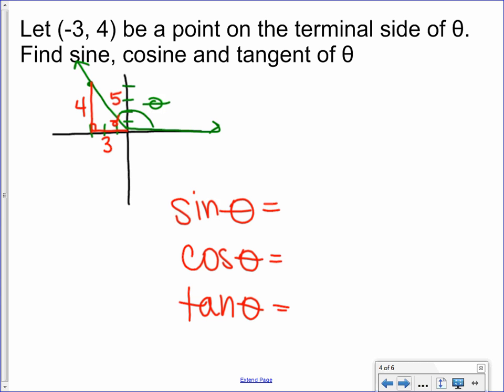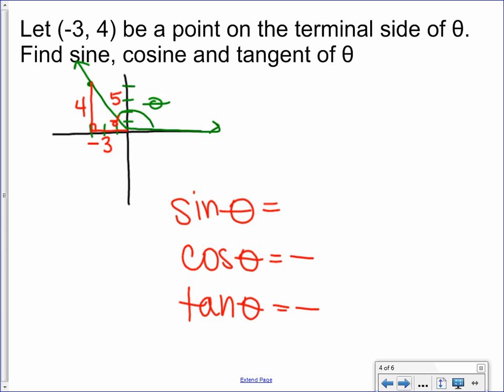You can do this one of two ways. You can either say, this is in the second quadrant, so I know that only the sine is positive, and so I'm going to make cosine and tangent negative right away. Or if you'd like, you can label this as a negative 3 because you went to the left 3. I know that's not the length of the side of the triangle, but if that helps you keep straight which trig ratios are going to be positive or negative, that can help you.